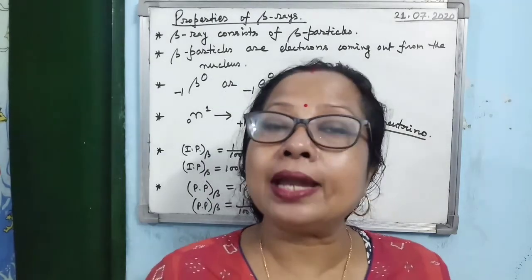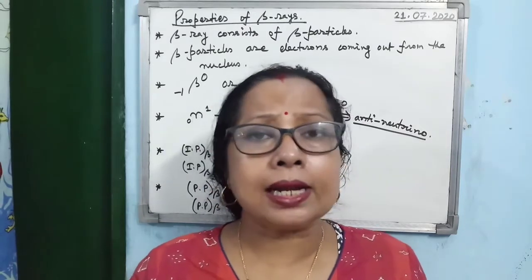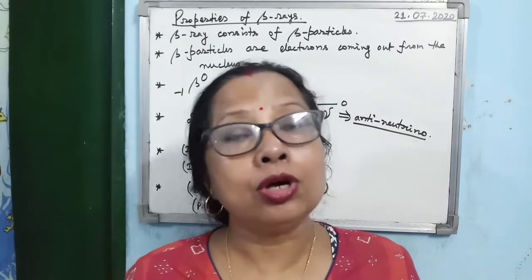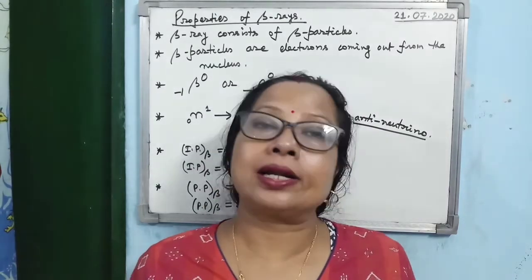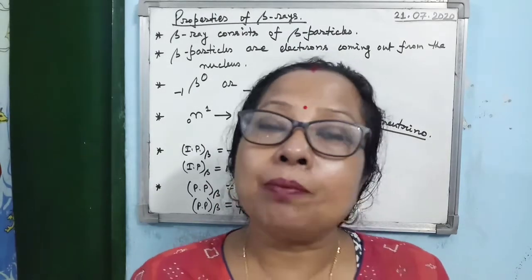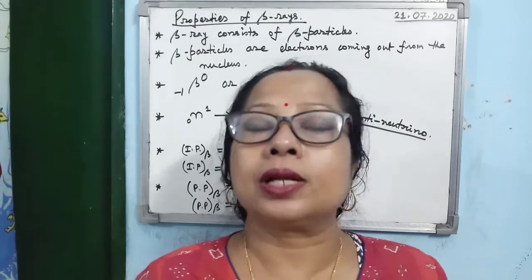Radioactivity is exhibited by the nucleus of an atom. Orbital electrons are in no way related to it. So, what are beta particles? Beta particles are the electrons coming out from the nucleus.